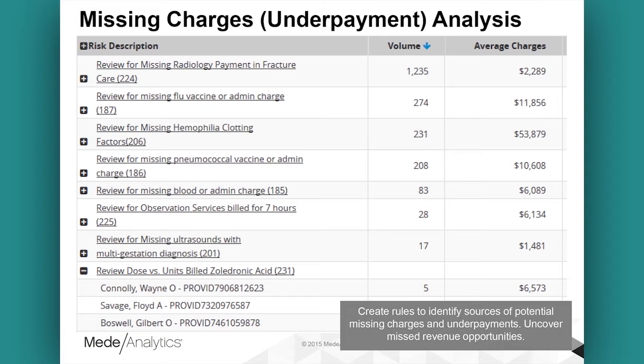For example, we have a patient who received a flu vaccine, billed for the vaccine but not for the admin charge. It's simple stuff, but it adds up. A lot of this is outpatient focused, but it adds up to millions of dollars. And again, we can analyze that down at the physician level, at the facility level, at the specialty level to understand what are the top areas for potential missing charges or underpayments based on coding and documentation.